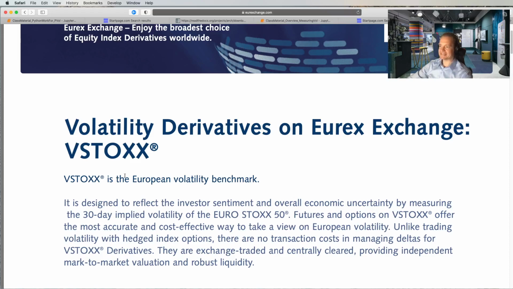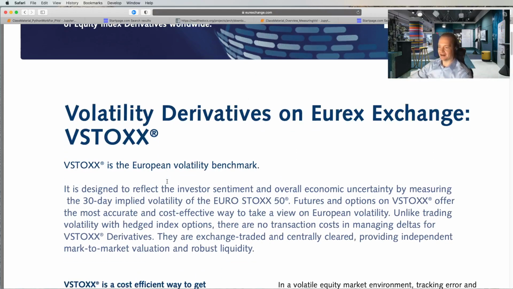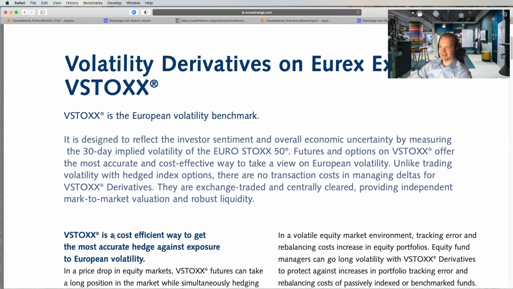And the selling point, why the exchange offers that, that's why I was Googling just that, is they are arguing it is a cost-efficient way to get the most accurate hedge against exposure to European volatility. Right? I think it's so exciting.